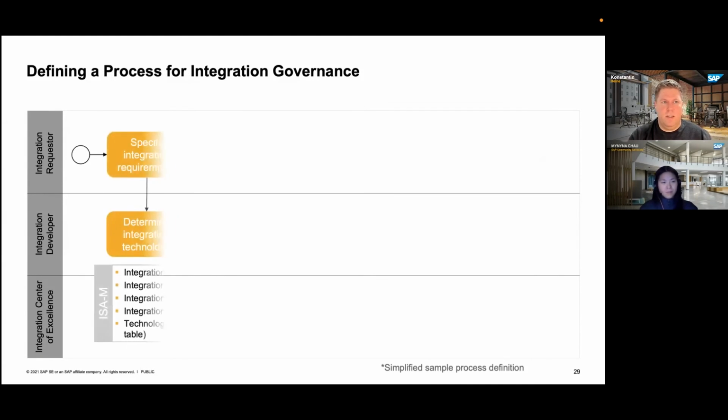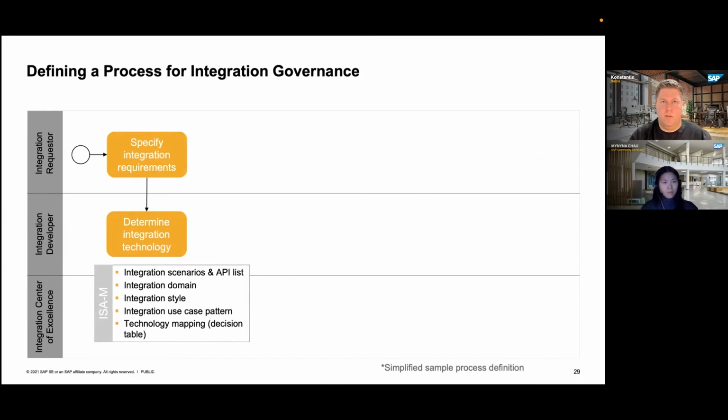So it all starts with the specification of integration requirements. And based on the input, you then, as an integration developer, determine the integration technology. And this can be done, again, with the help of our integration solution advisory methodology, so with everything I've shown to you: the integration domains, the integration styles, the use case patterns, the architecture blueprints. Based on this, you can already do some kind of pre-assessment for the technology direction.